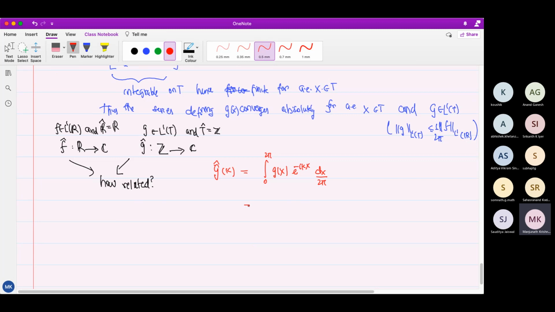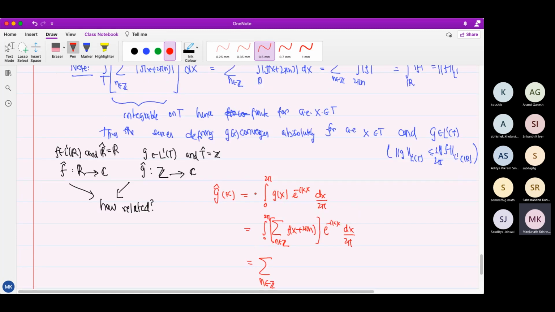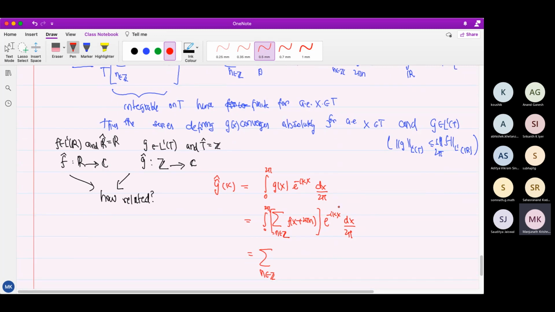Now we know that this is anyway absolute value 1. So again with absolute values inside, this whole thing converges, so we can interchange integral and sum. If you put absolute values everywhere, then the whole thing is okay. That is what I computed here, right?